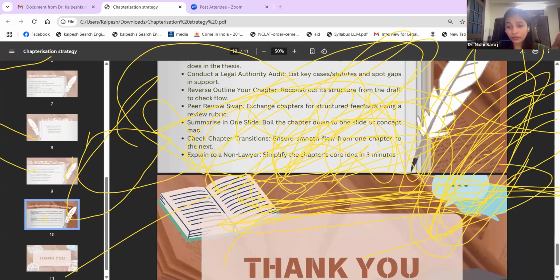Although it is related to displaced persons, you should also talk about international law and its evolution in one of the chapters. That is very important because, like I told you, my topic was related to parental incarceration, broadly related to juvenile justice, so I had included one chapter on the evolution of juvenile justice laws in India.